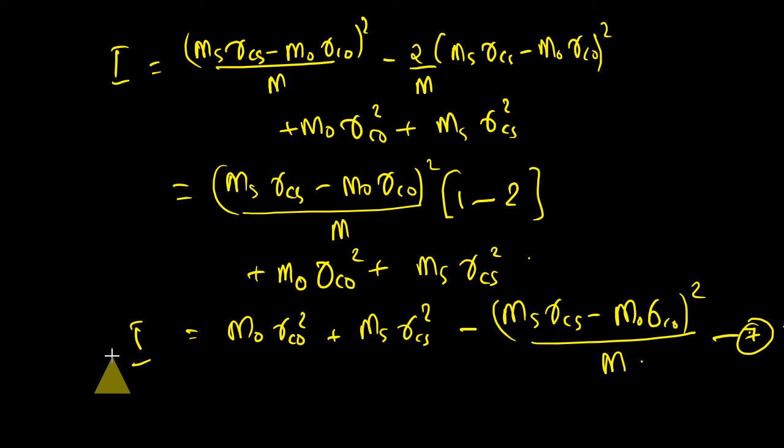If this is the only equation we have, the problem is that we cannot determine R_CO and R_CS from this one. All other terms are constants: M_S, M_O, then capital M, that is the total mass of the molecule. But the unknowns here are R_CO and R_CS, and these unknowns we cannot calculate from this one, if this is the only equation we have.